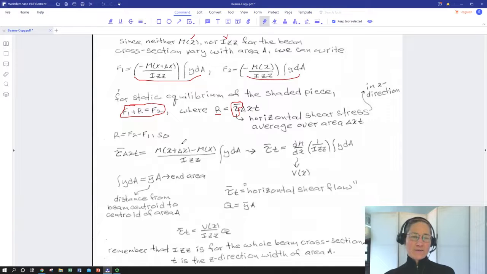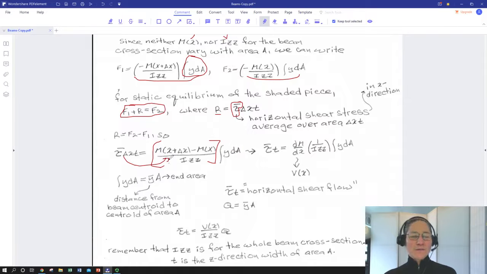If we take F2 minus F1 and factor out the integral expression that's common to both, we get this expression in front. Remember, Izz came out of the integral. And then we can divide by delta x. And so we get something that looks suspiciously like the definition of the derivative for moment as a function of position.